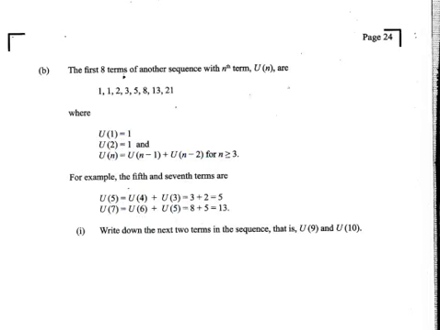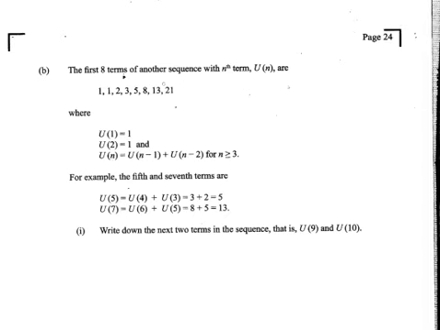Alright, so here we're told the first 8 terms of another sequence with the nth term un are given. So the first term is 1, the second term is 1, the third term is 2, the fourth term is 3, the fifth term is 5, the eighth term is 21.